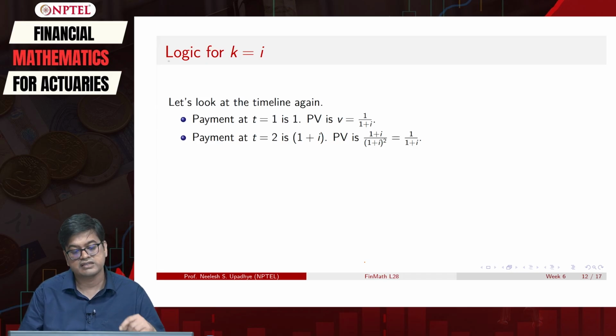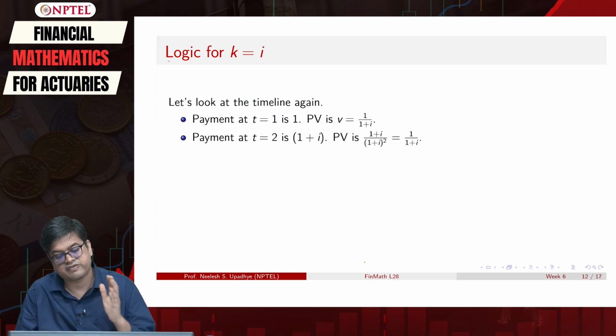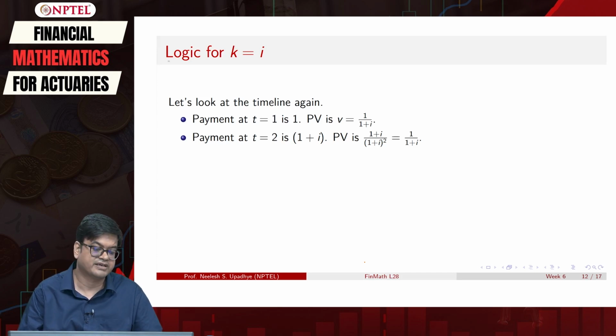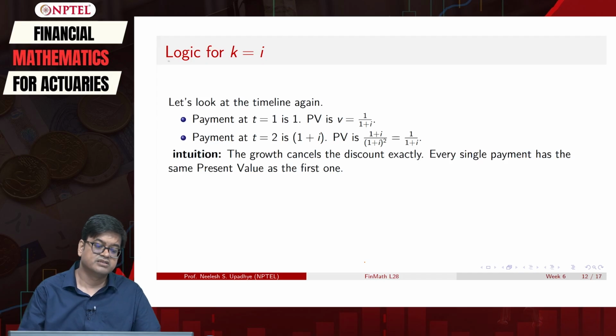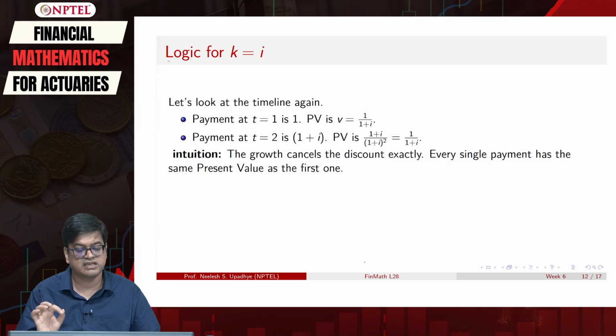That means it is always going to be the discounting factor 1 upon 1 plus i. So growth is cancelling the discount, and every single payment has the same present value as the first one.